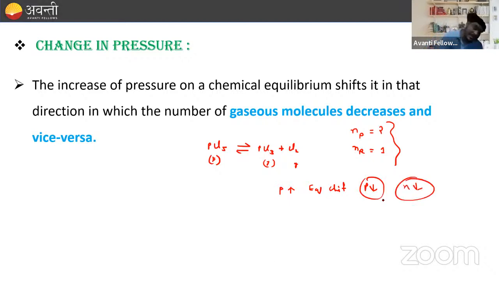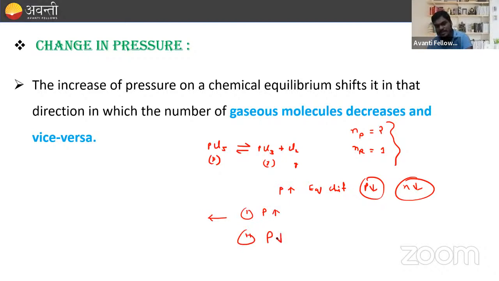So if you increase the pressure for this reaction, the equilibrium will shift to the reactant side, where the number of moles is also low. It means the backward reaction is favorable by increasing the pressure. So if the pressure is increased, then the reaction goes backward.